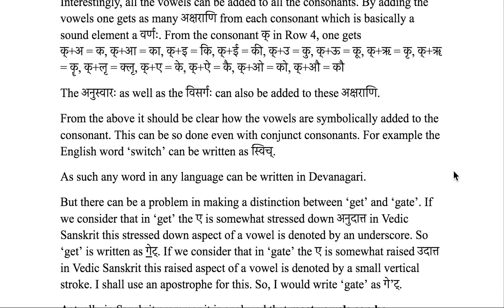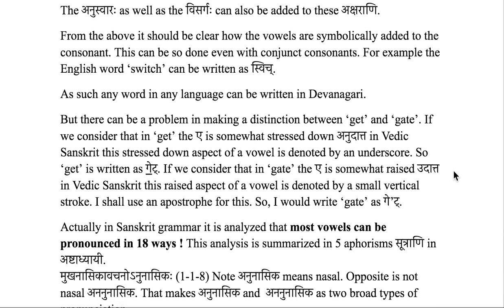But there can be a problem in making a distinction between get and gate. If we consider that in get, the A is somewhat stressed down, anudatta, in Vedic Sanskrit, this stressed down aspect of a vowel is denoted by an underscore.